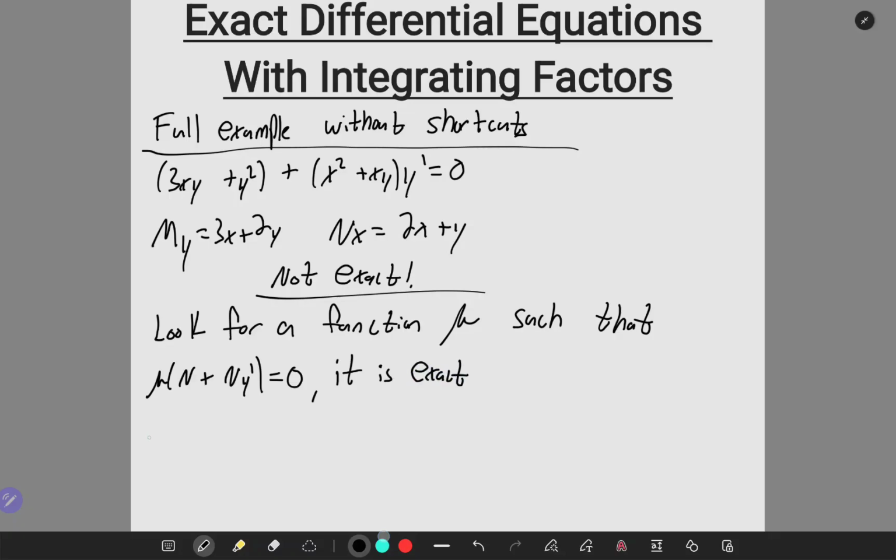So we're going to assume mu depends only on x. So we're going to have mu of x is equal to mu.